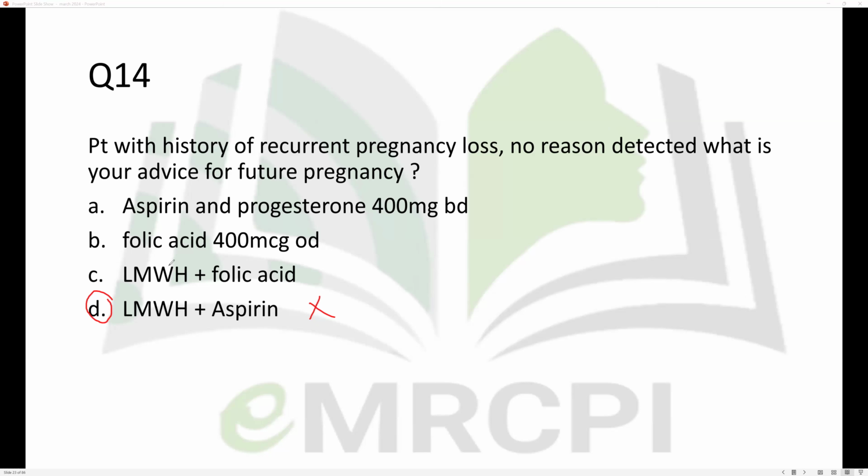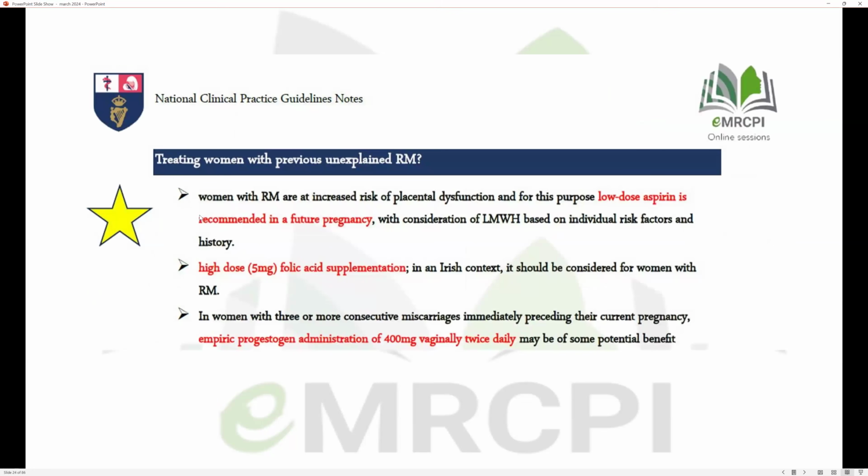Folic acid is okay, but is it folic acid 400 in the Irish guideline? So let's see what the guidelines say. Look, my friends, this is the summary for the National Clinical Practice Guideline, the Irish one.